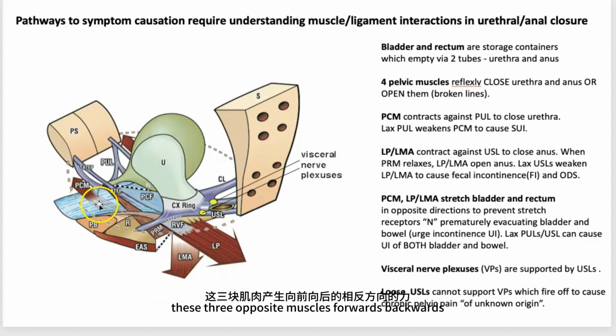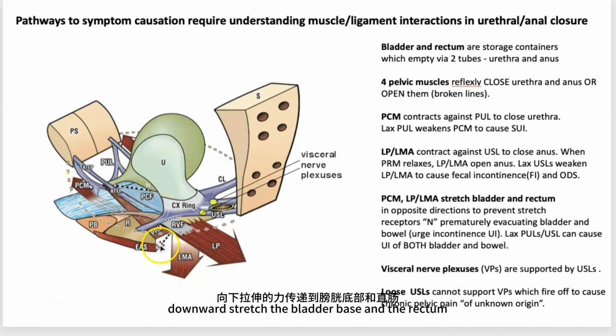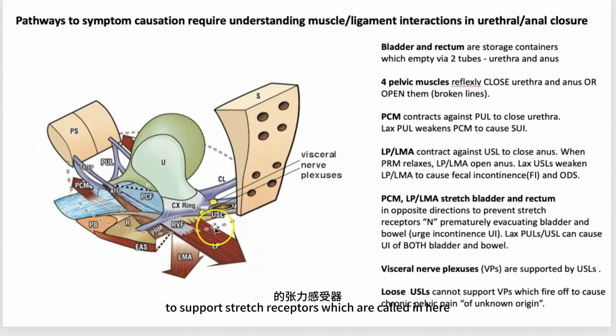These three opposite muscles, forwards, backwards, downward, stretch the bladder base and the rectum to support stretch receptors, which are called N here and here as well. And what they do, they prevent afferent impulses going to the brain to activate the micturition and defecation reflexes, and in this way they control urge incontinence of the bladder and the bowel.